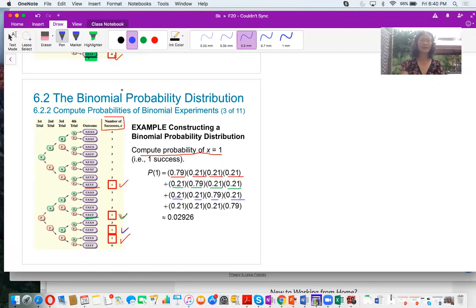And the last one, this number here, is FFFS. So you do multiplication, then add them together. That is the probability of 1, number of successes, x equal to 1.